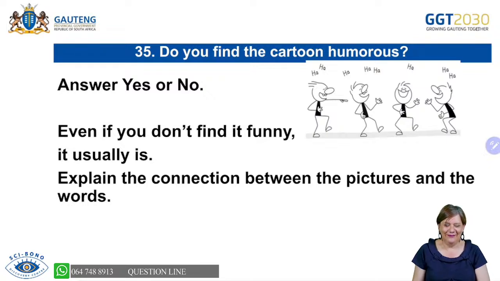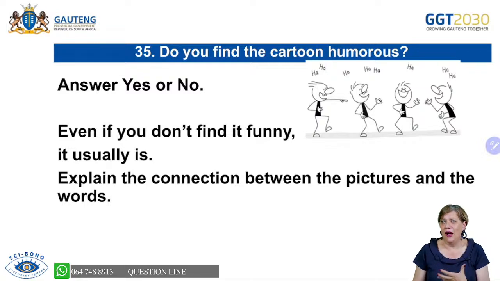Right. Now, this question always pops up, doesn't it? Do you find the cartoon humorous? Now, humorous means funny. Do you find it funny? Sometimes you would think, no, I don't find it funny. Well, unfortunately, you have to pretend it is. Because usually it is funny.